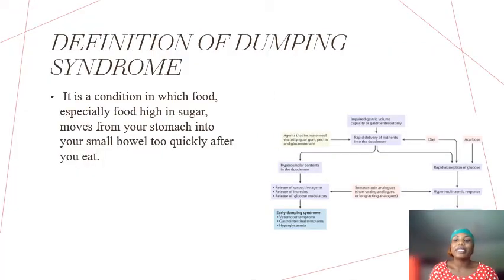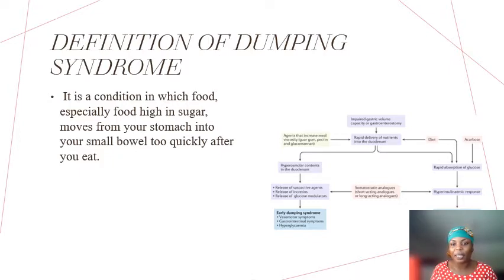So, in the definition of dumping syndrome, we can say it is a condition in which food, especially food high in sugar, moves from your stomach into your small bowel too quickly after you eat. So what is going on is you have an impaired gastric volume capacity or gastroenterostomy.